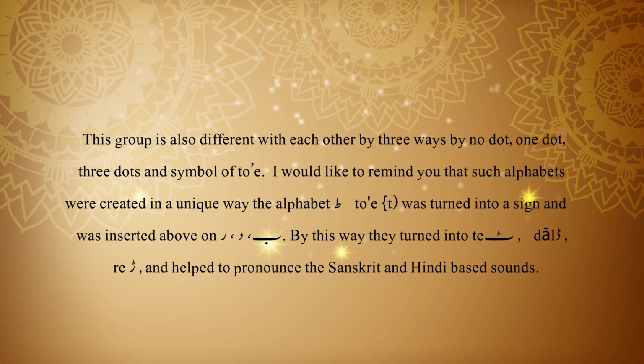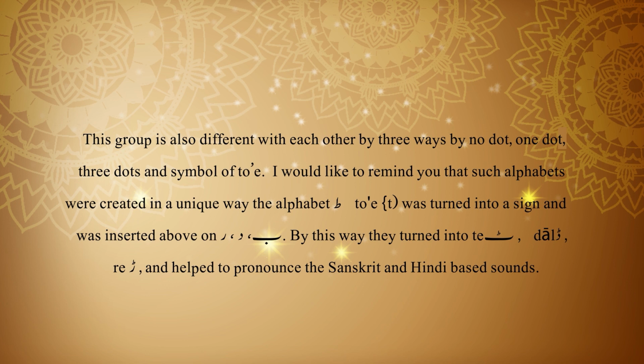I would like to remind you that such alphabets were created in a unique way. The alphabet toy was turned into a sign and was inserted above Be, Dal, Re. We took three alphabets Be, Dal, Re and inserted the symbol of toy on these alphabets. By this way, they turned into Te, Dal, De.